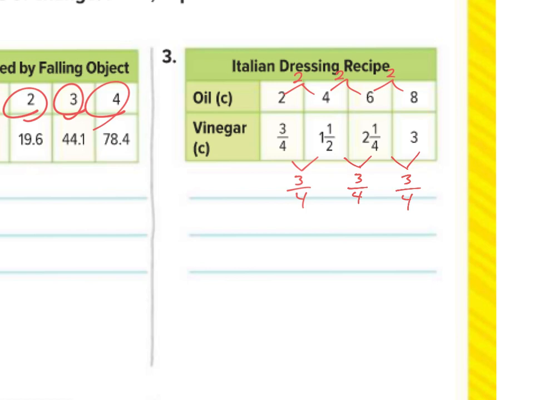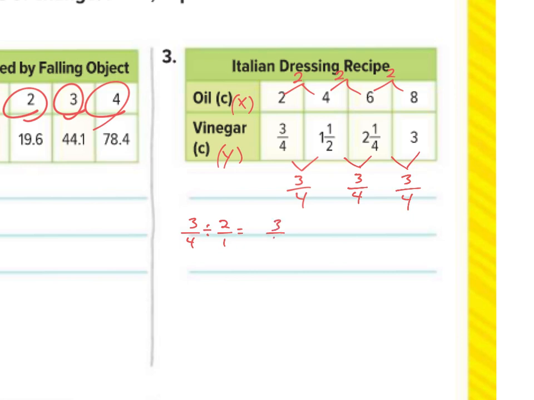So in this case, we've got a change in y of 3/4 over a change in x of 2. So essentially what we're looking at is 3/4 divided by 2, which is 3/4 divided by 2 over 1. Remember, you flip the last fraction and multiply.